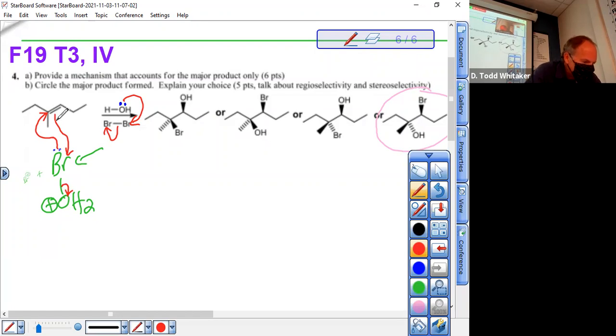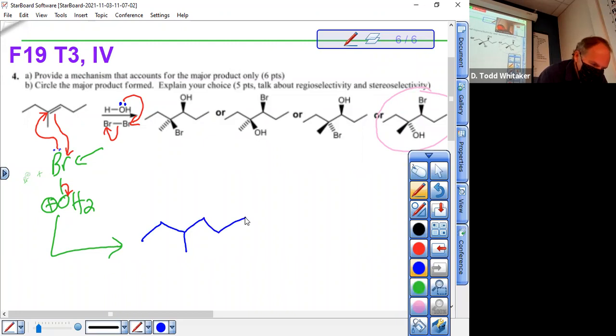It looks like a backside attack if you look at these two. It does. It is. And what we get is bromine in a corner, real bonds, and it's a plus bromine.